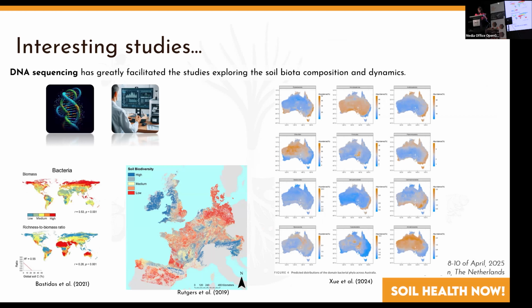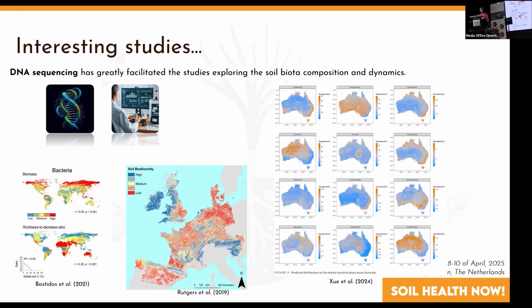Thanks to these new methodologies and advances in computation, some colleagues in other countries, in other continents even, have been allowed to map this representation of microbial diversity.